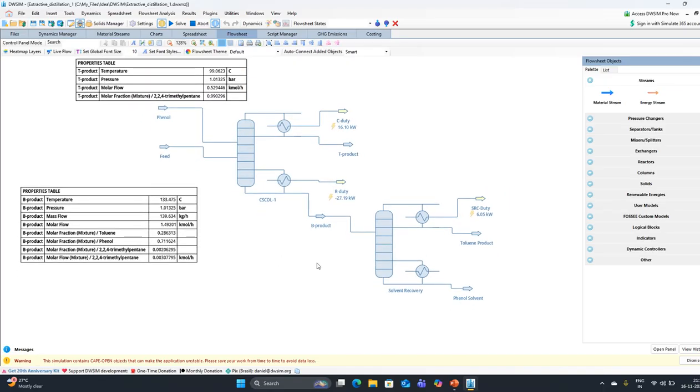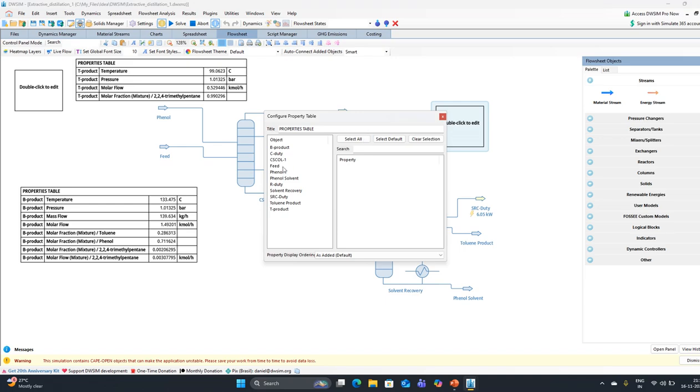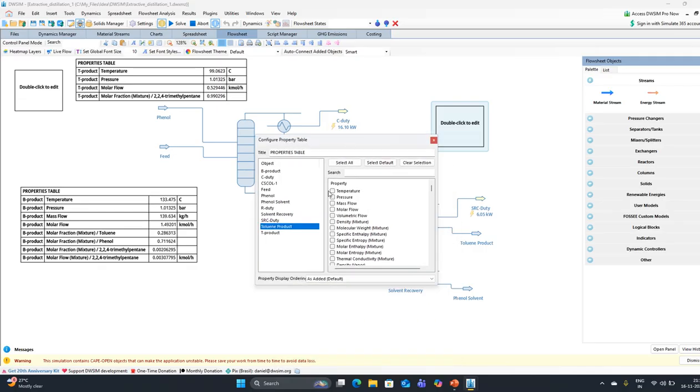So what I will do now, first I will put two property tables, one containing the toluene product, and I will include its temperature and molar fraction of the toluene here.